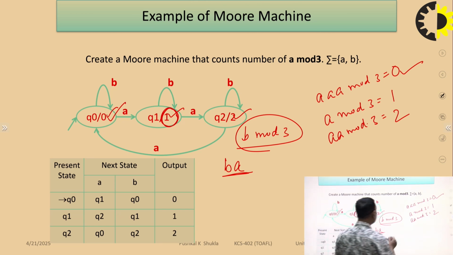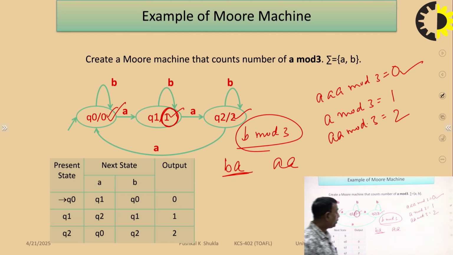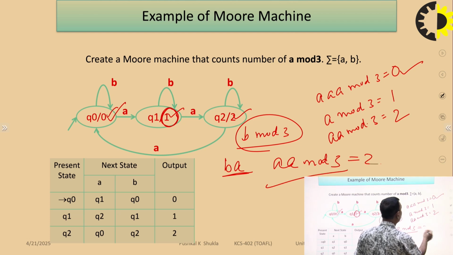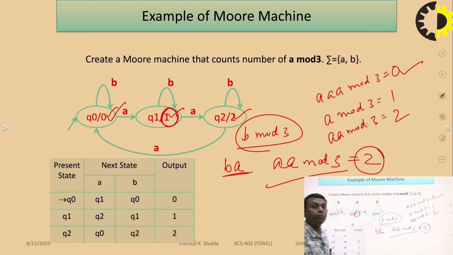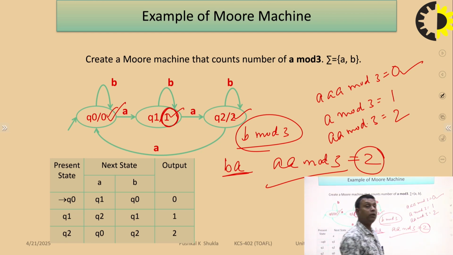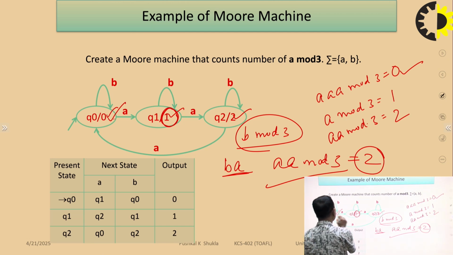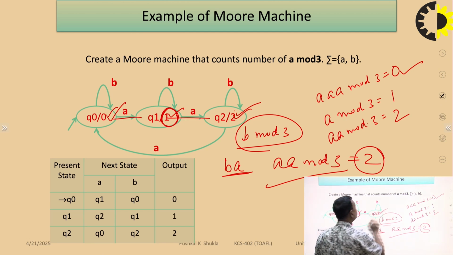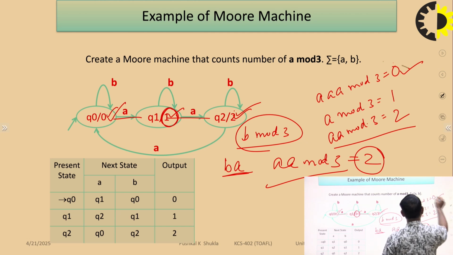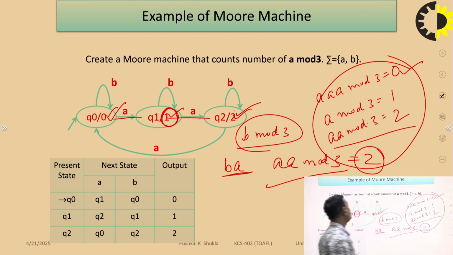Again, by taking an example, suppose we take a string AA. So the number of A's is 2 and 2 mod 3 equals 2 will give you output 2. So here we see AA will give you output 2 and the state is going to change from Q1 to Q2. So this concept is going to be used to design the Moore machine counting the number of A mod 3.